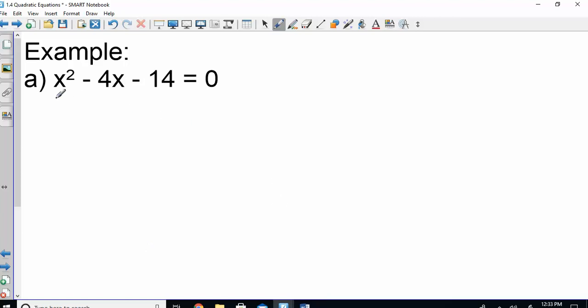So, first step to completing the square, I told you the square term has to be 1, which it is. Step 2 says move the constant to the other side. So I'm going to add my 14 over, and I'm just leaving myself a little space there. Step 3, we have to make something that will factor.